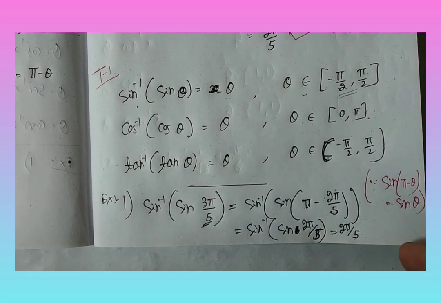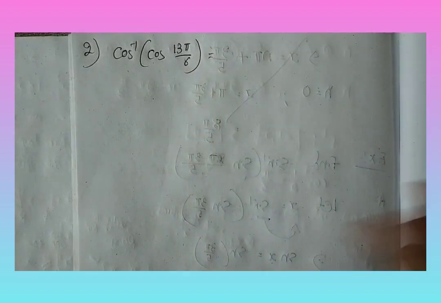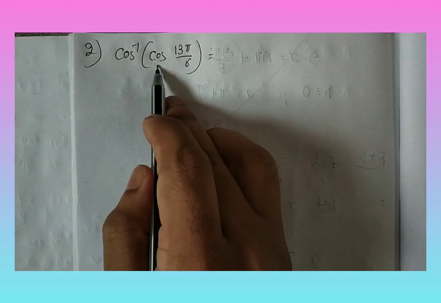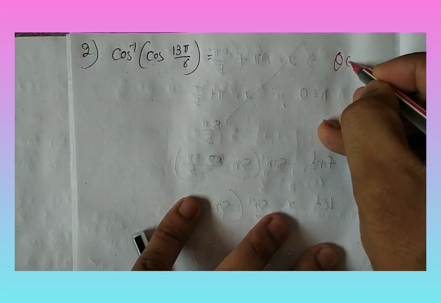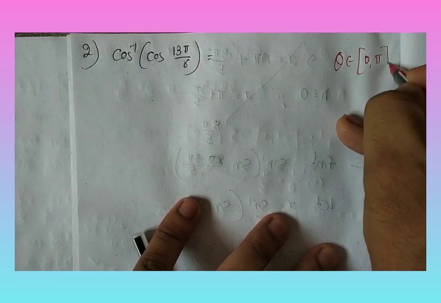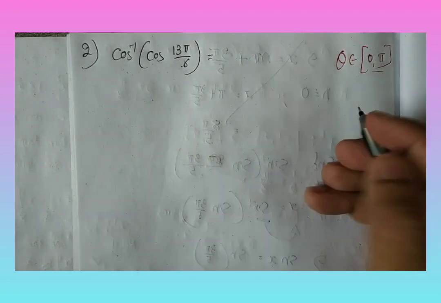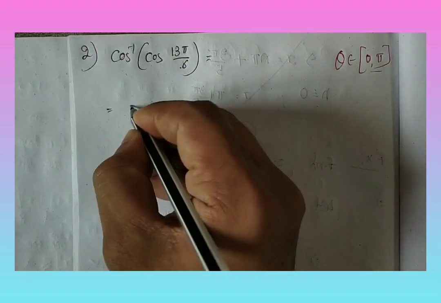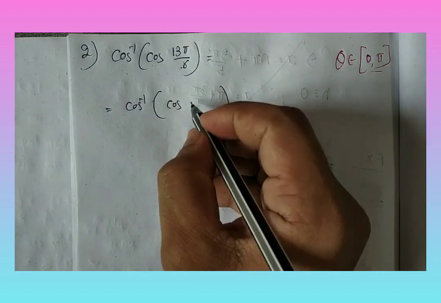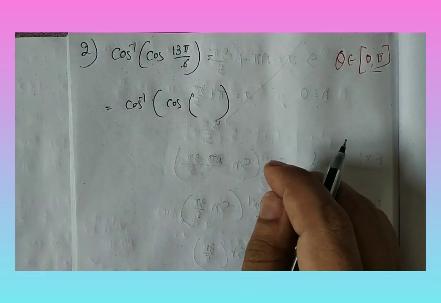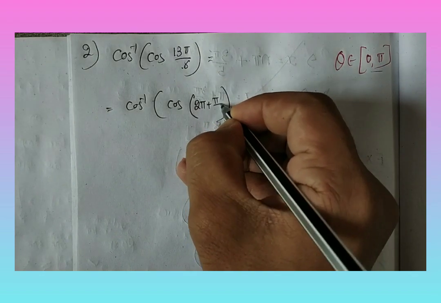Are you getting my point? Next example, second question, and the trick is cos inverse cos theta equals theta if theta belongs to 0 to 180, and this angle does not belong to this range. First, we have to convert this angle to an acute angle. We can write 2 pi plus pi by 6.